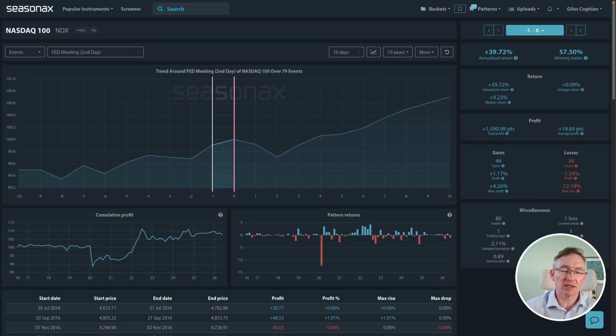And using Seasonax's event feature, you can identify the most significant economic events, understand typical market reactions, set realistic targets, calibrate stop losses, and focus on the markets most likely to move. Because successful short-term trading isn't simply about reacting quickly, it's about reacting with the benefit of historical perspective, and that's where Seasonax's event feature proves invaluable.